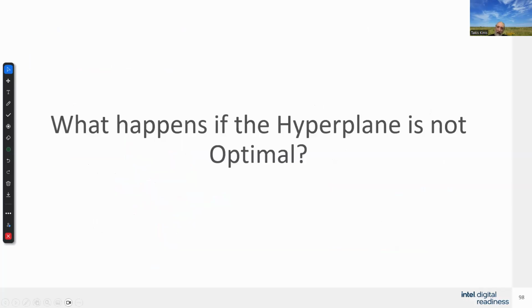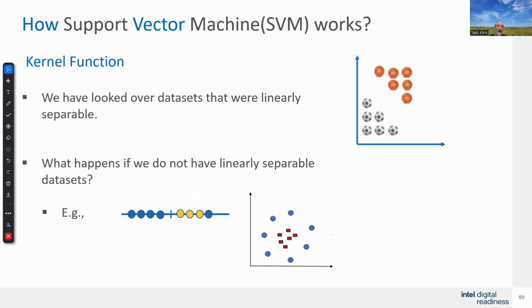All right. So what happens if the hyperplane is not optimal? When I'm putting stuff on a chart and I'm throwing all the stuff in one corner and the other stuff in the other corner, well, that's really easy, right? Like the top right graphic, all the basketballs are up there, all the footballs are down there. But what happens if you have graphics like this, where these are on the line and there's a blue one here?